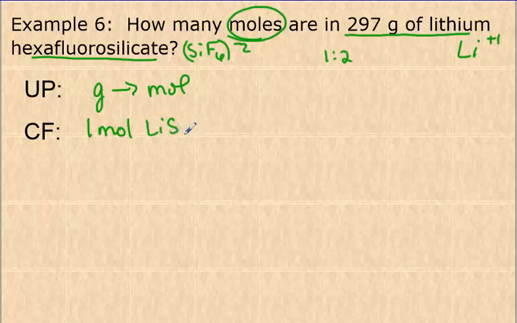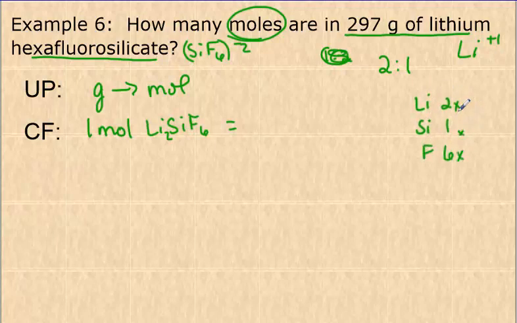Oh, I'm sorry, I messed that up. It's a 2:1 ratio, so Li2SiF6 is my formula. Alright, and then I find the molar mass of this. So I do have to go through and do lithium is 2, silicon is 1, F is 6.